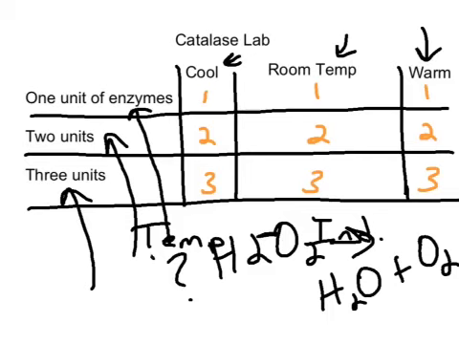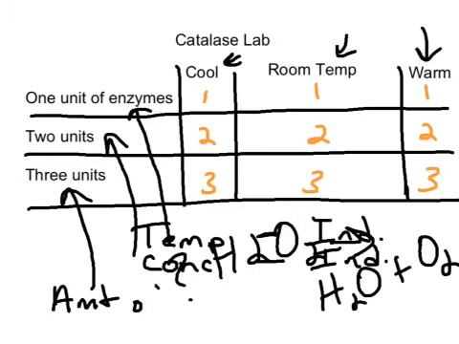The concentration of enzyme, or how much enzyme we put in, was also independent because we controlled that. We put that in. Changing the temperature, for instance, did not change the concentration, and changing the concentration did not change the temperature. But the amount of oxygen gas produced was dependent.